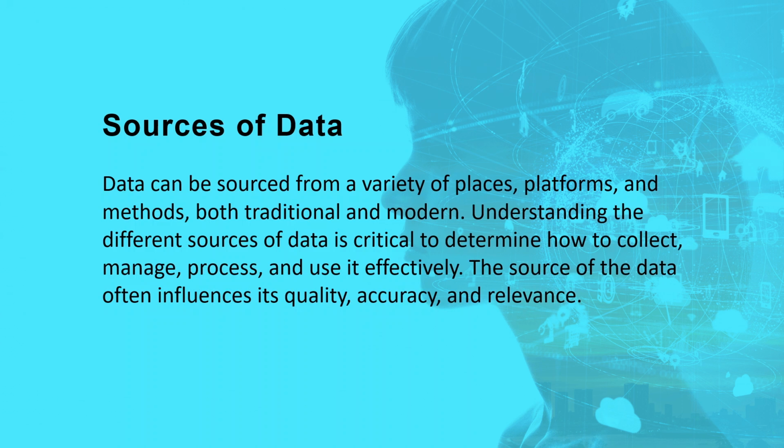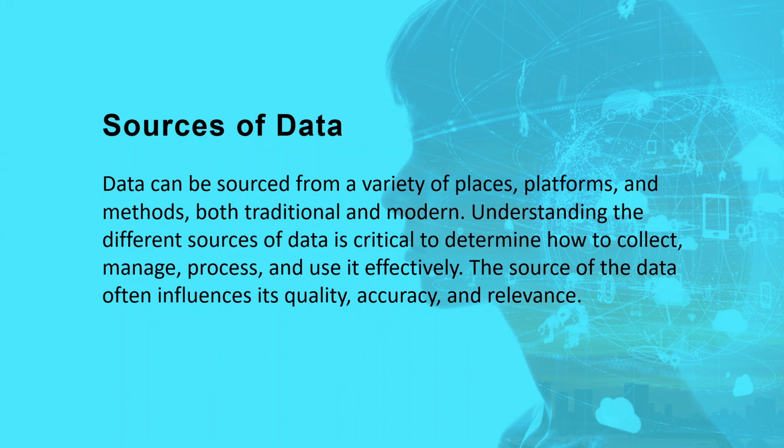Data can be sourced from various places, platforms and methods, both traditional and modern. Understanding the different sources of data is thus crucial to determine how to collect, manage, process and use it effectively.